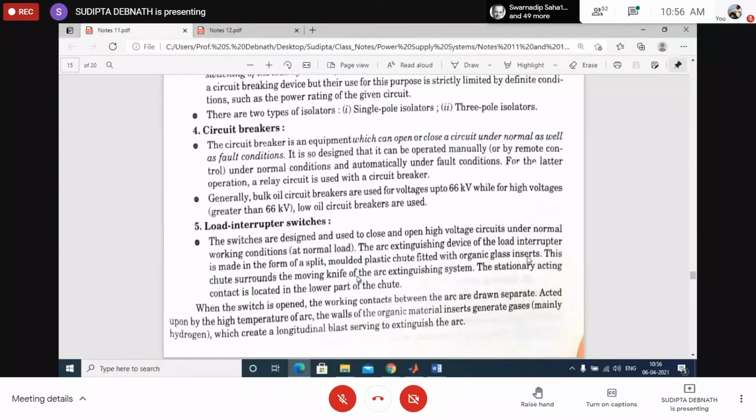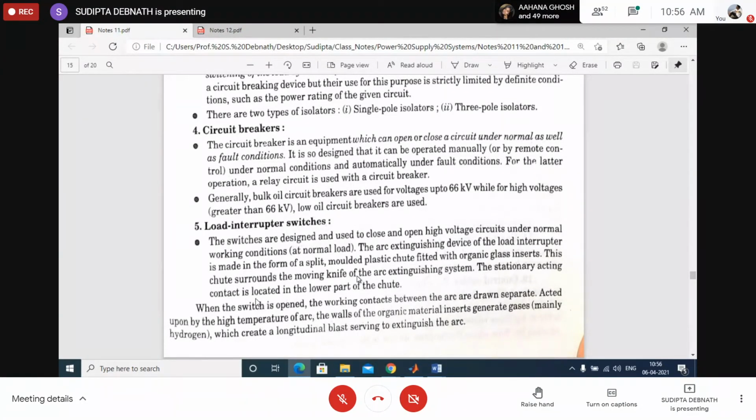You will see this, you won't understand now. In circuit breakers, one way to extinguish the arc is to divert the arc through different chambers. We call them splitters. So here also splitters are used so that the arc is split into different parts. Okay. This chute surrounds the moving knife of the arc extinguishing system.